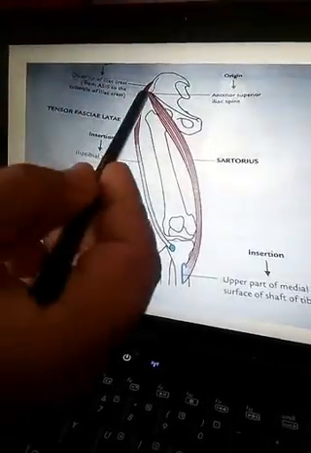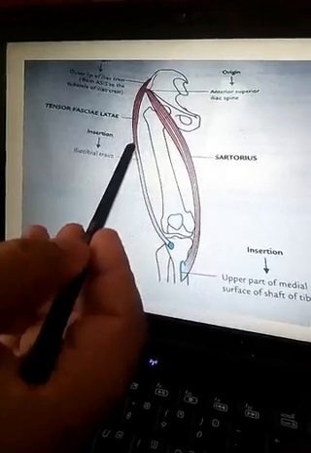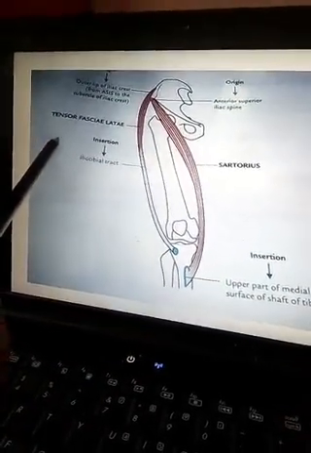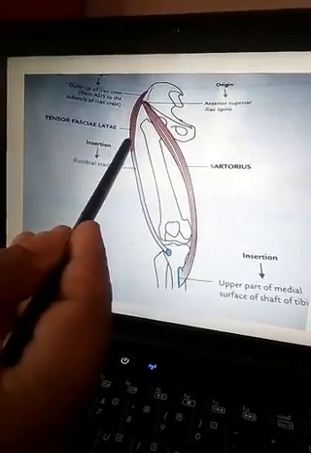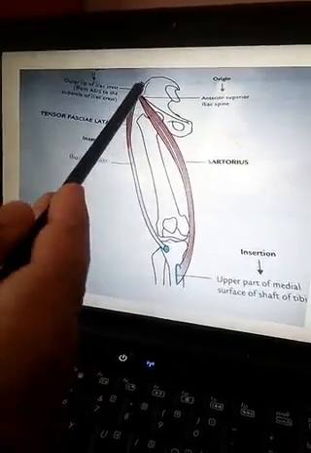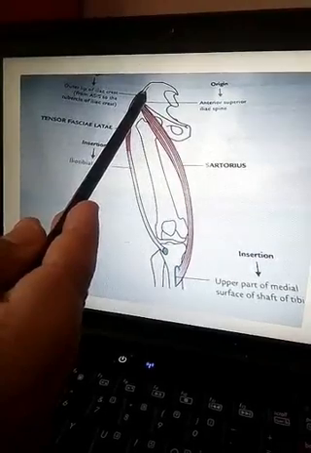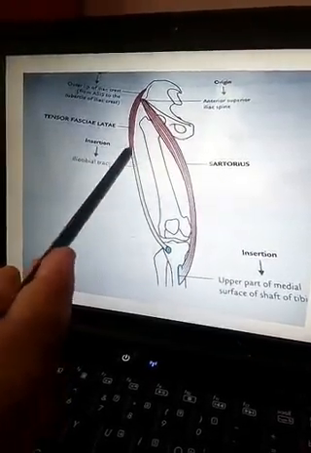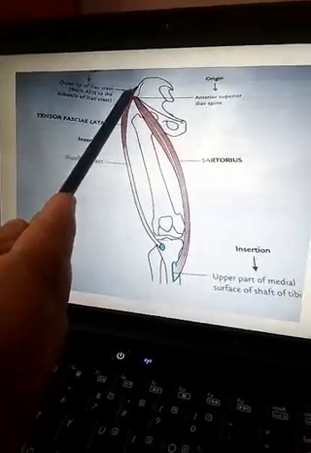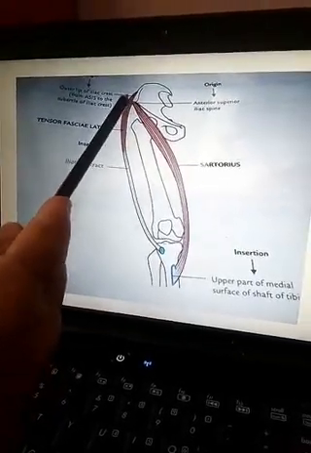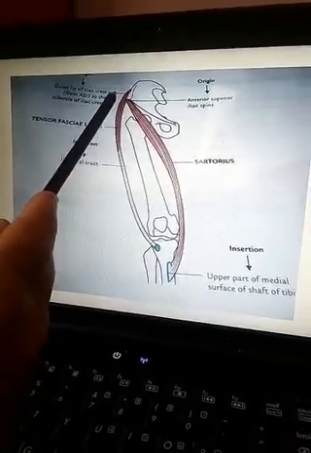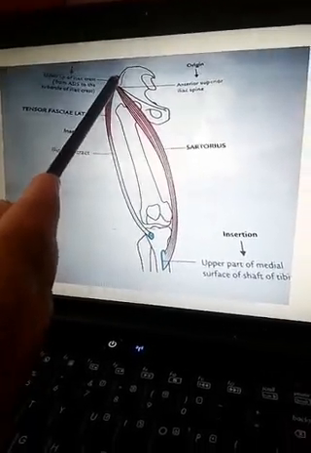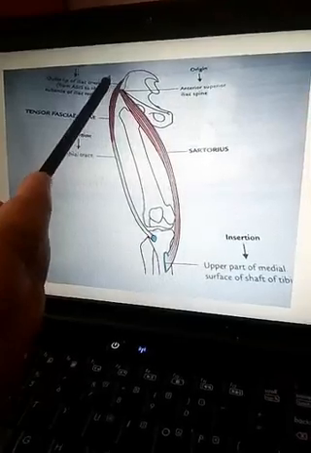Now, another muscle is the tensor fascia lata. Tensor fascia lata is a strong, thick muscle which lies at the junction of the gluteal region and the upper part of the front of the thigh. It arises from the outer lip of the iliac crest, extending from the anterior superior iliac spine to the tubercle of the iliac crest.